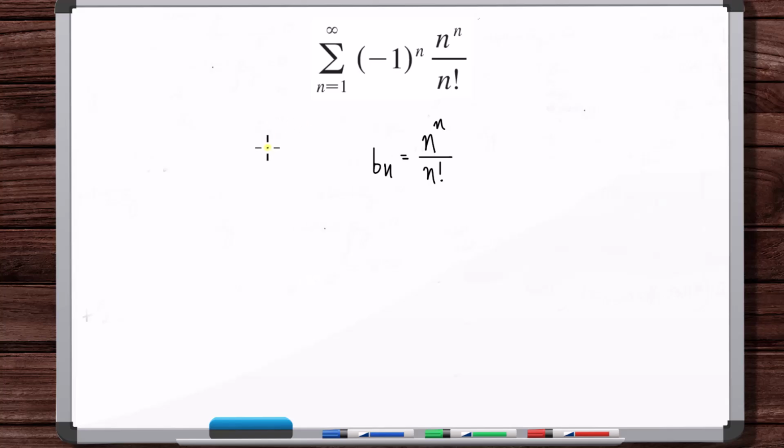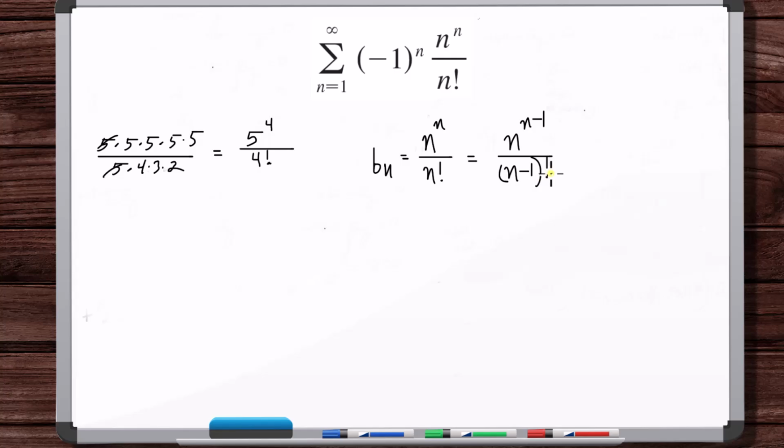So let's write out for n equal to 5. We've got 5 to the 4 over 4 factorial. And so that pattern will be for any n: this is equal to n to the n minus 1 over n minus 1 factorial.